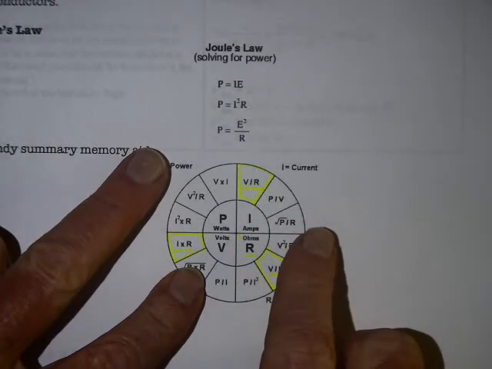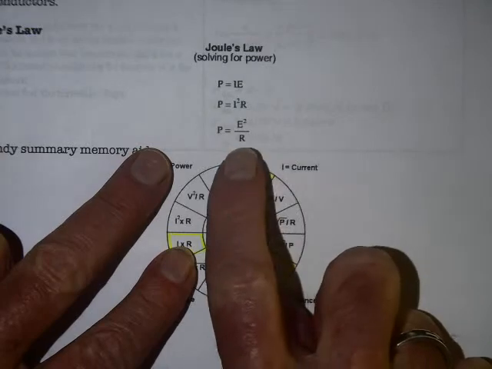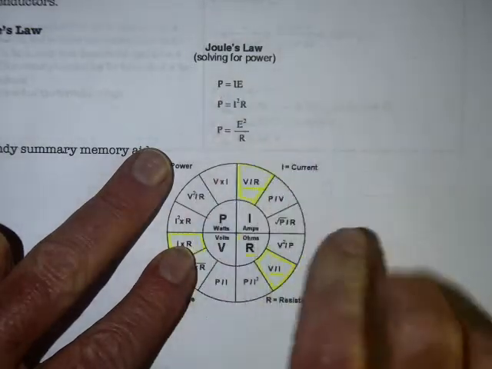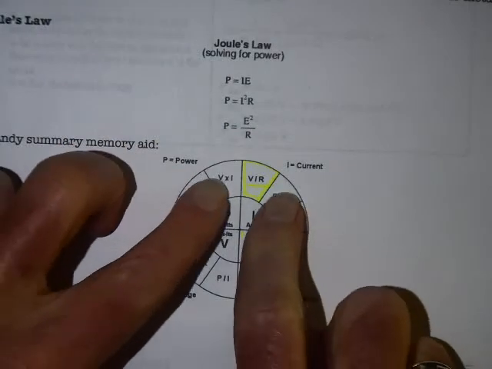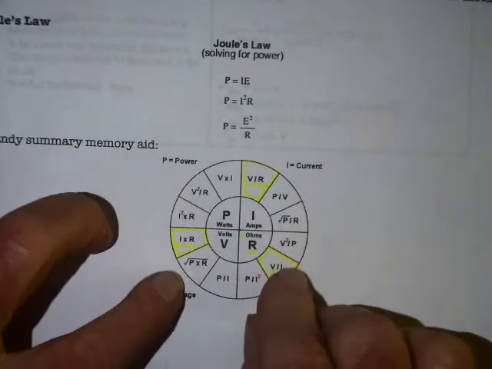Plus, current and resistance live in Ohm's law, but they also live in Joule's law. Here's resistance, and there's current, and there's current. Then these other non-yellow ones are reflected in this wheel as well.